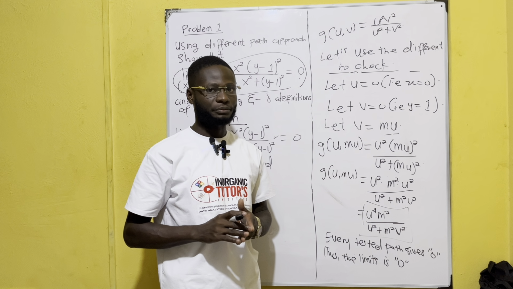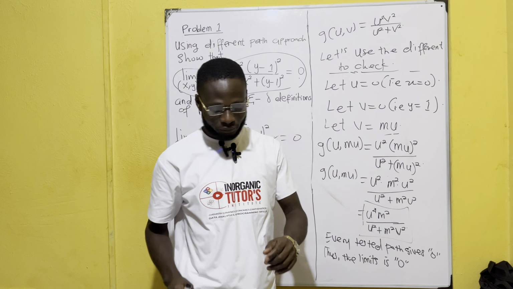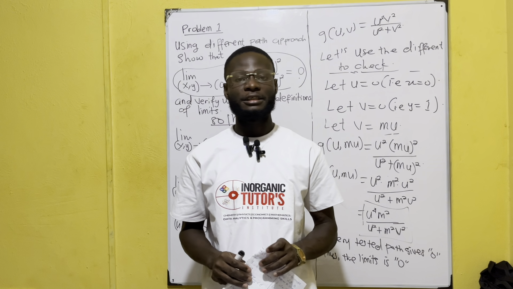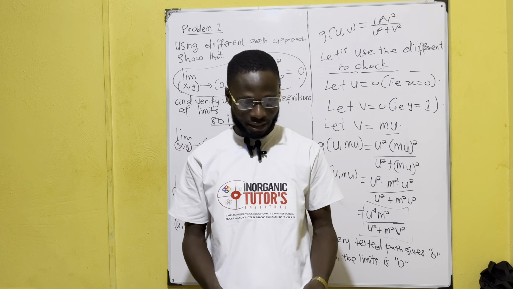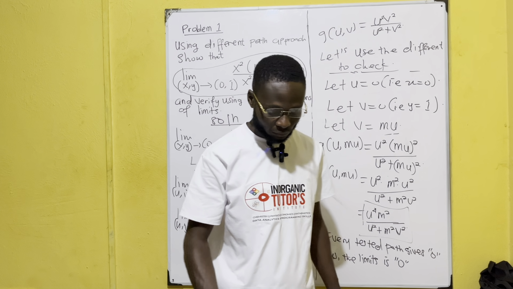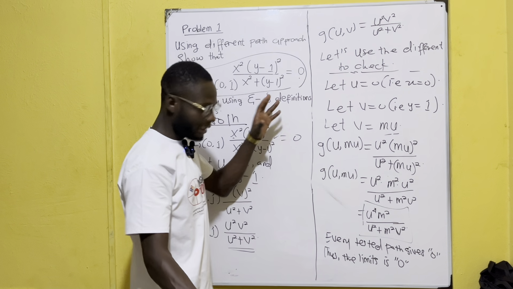So this is the choosing part, or the different part approach. Okay, now let's try to use the identity to handle this.